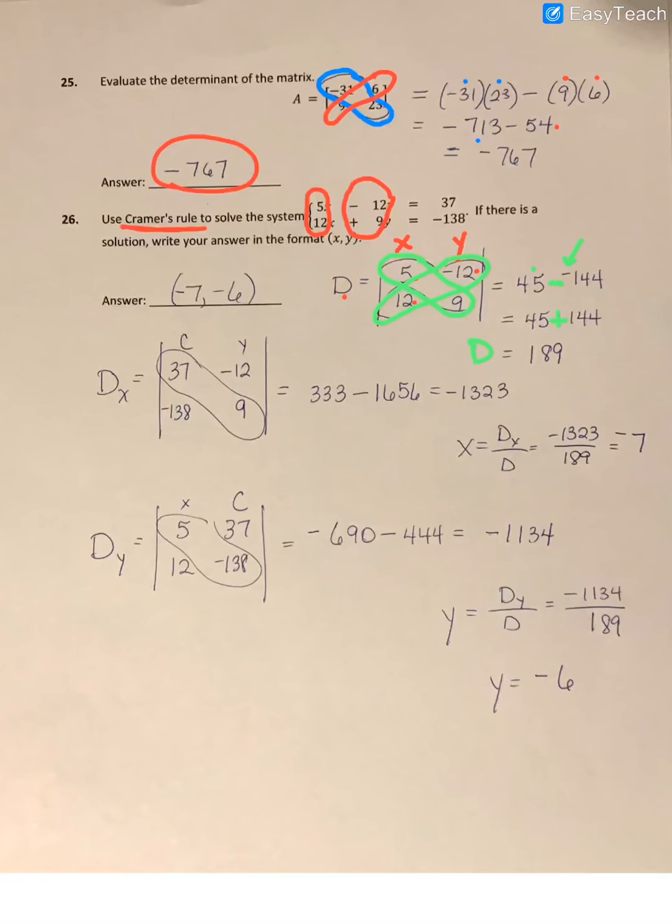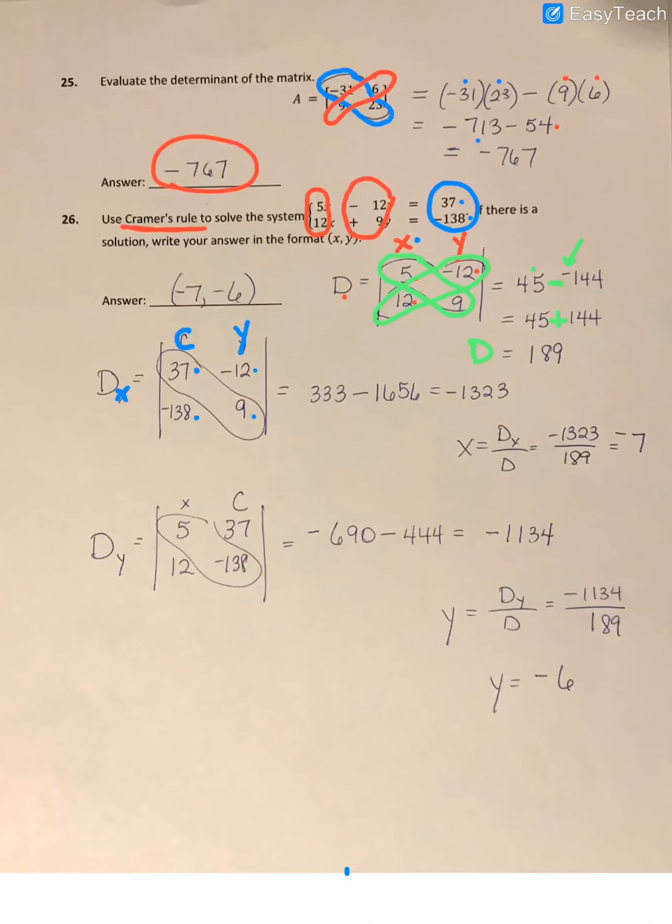Now, when you get ready to set up your determinant with respect to x, what changes is your constants will take the place of your x coefficients. So when I look at my original system, my constants of 37 and negative 138, they come into that first column. My y coefficients are going to stay in the second column, so I still have my negative 12 and my 9.